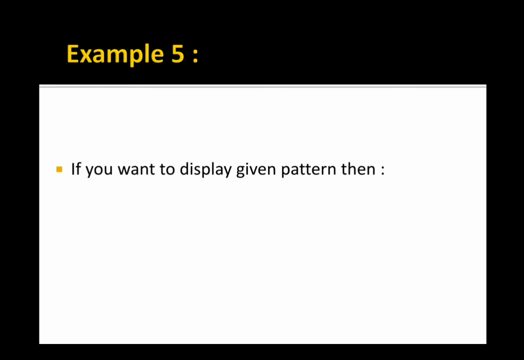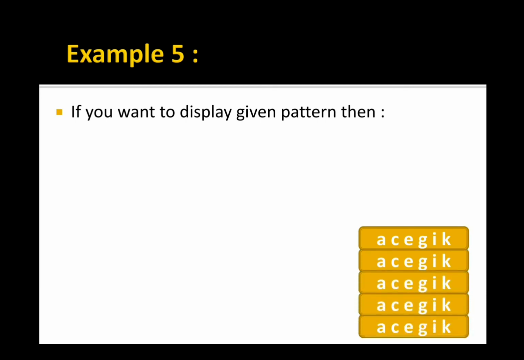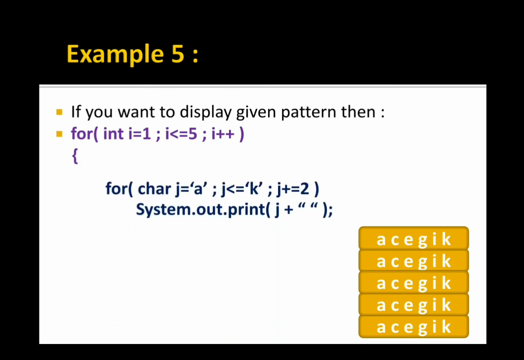Now see, if I want to display the pattern in this way, A C E G I K, 5 times, what do I have to do? Again, you all know, you are familiar with it. 5 times means I have to use an outer loop to count 1 to 5. And I want to change my inner loop because it is the role of column.